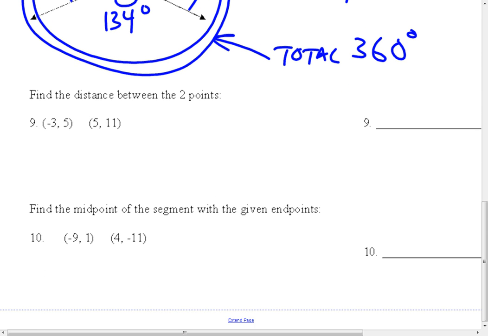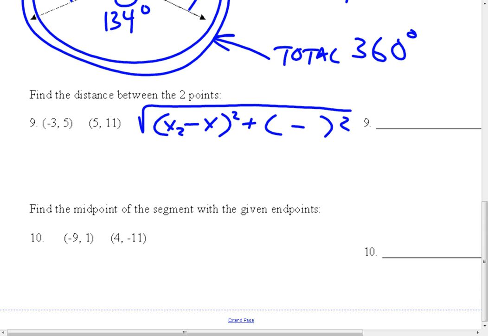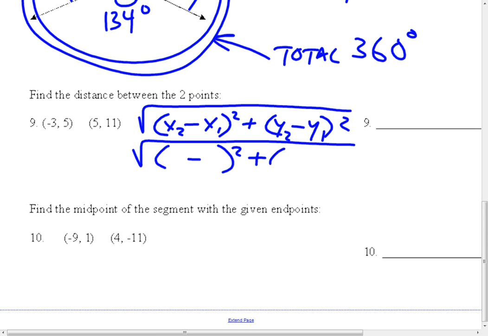Find the distance between the 2 points. On your test, make sure that at least once I see the actual full formula. When I do these questions, I say to myself, a squared plus b squared. That is the formula. I put the subtraction symbols in.